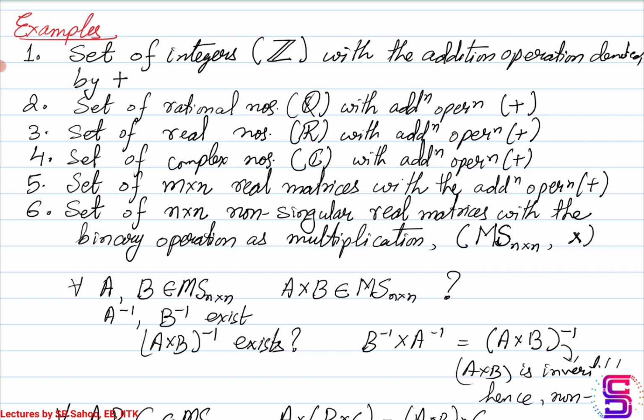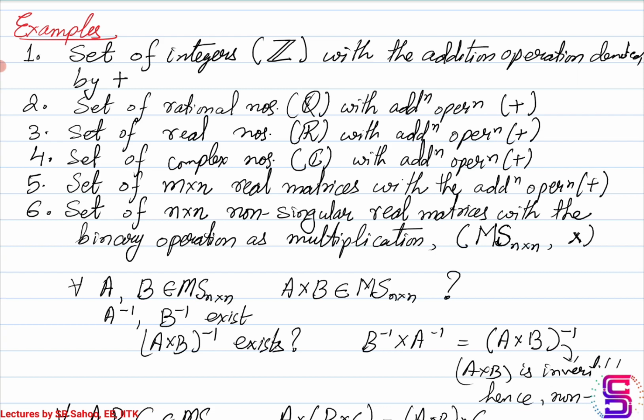Okay, now let's come to matrices. Let's say you have a set of m cross n matrices, and the binary operation that we are going to consider is the matrix addition operation. Under the matrix addition operation, the set of matrices will satisfy the closure property and the associativity. The unique identity element is the 0 matrix in this particular case, and the unique inverse also exists.